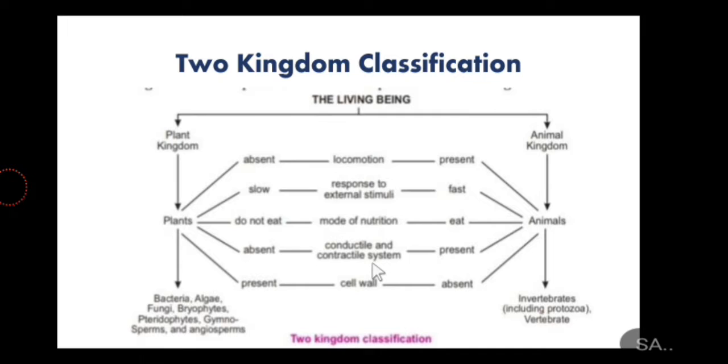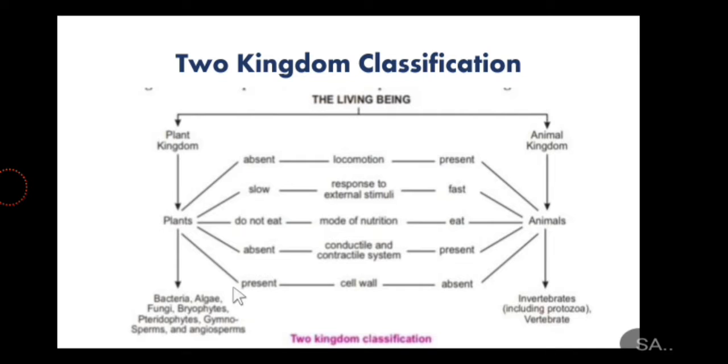The conducting system for transportation and for the movement was absent in plants. So all the organisms that don't have a conducting system, they were put under the plant kingdom, while those in which it was present, they were termed as animals and placed under the animal kingdom.